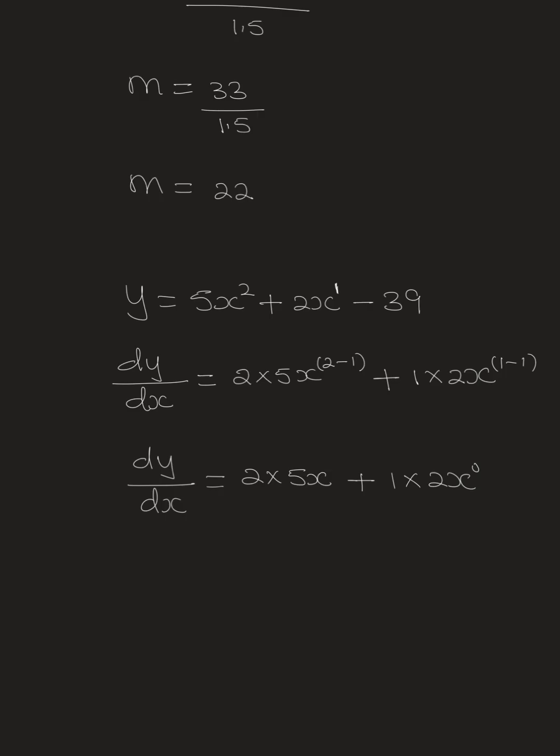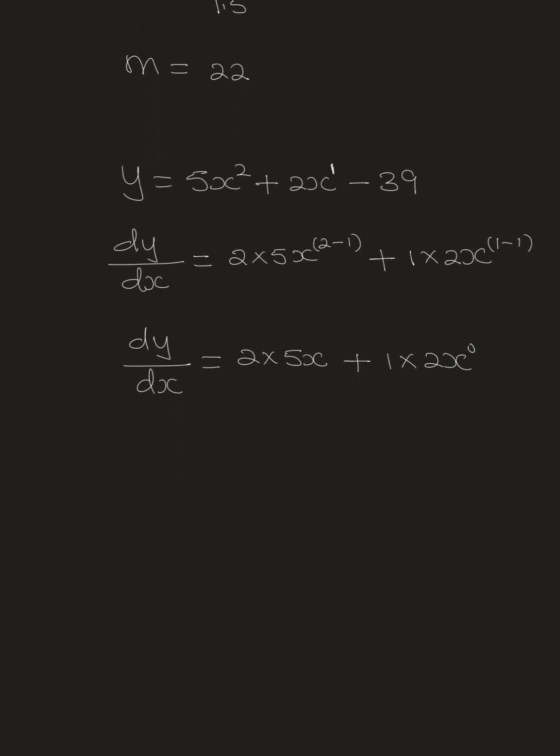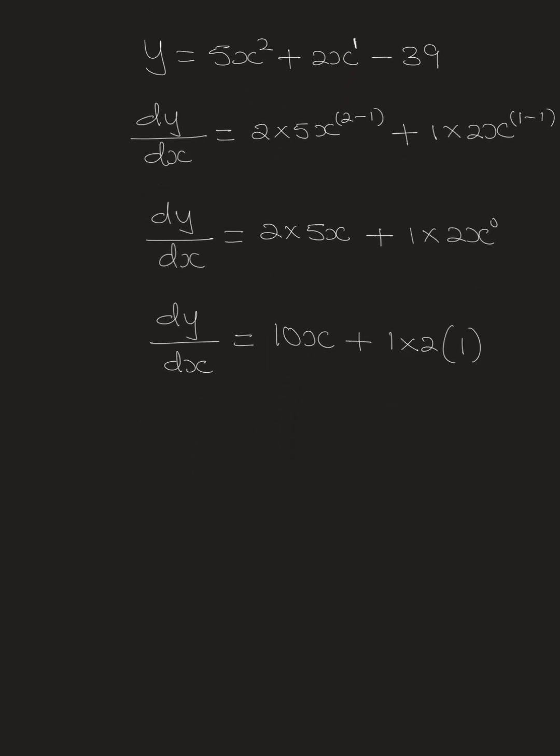So the power of x becomes 0. dy divided by dx is equal to 2 times 5x is 10x plus 1 times 2 into x to the power 0, which is 1. Anything to the power 0 is 1. So dy divided by dx is equal to 10x plus 2, because 1 times 2 times 1 is just 2.